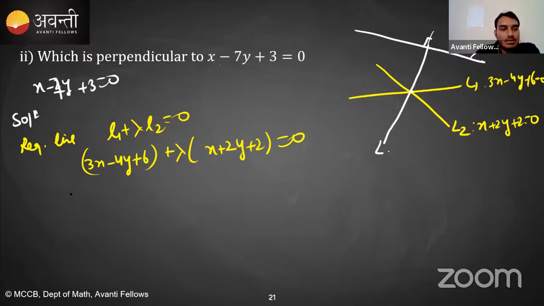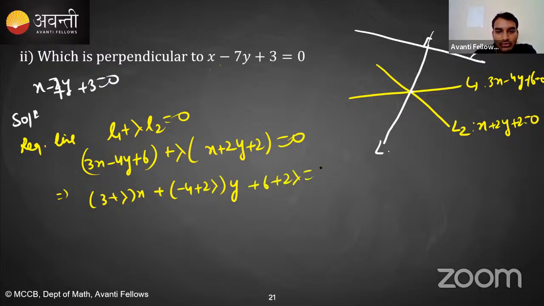Clear? Now it can be written as (3 plus lambda) x plus (minus 4 plus 2 lambda) y plus 6 plus 2 lambda is equal to 0. So this is our required line.